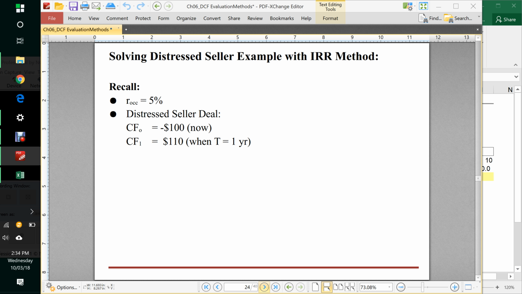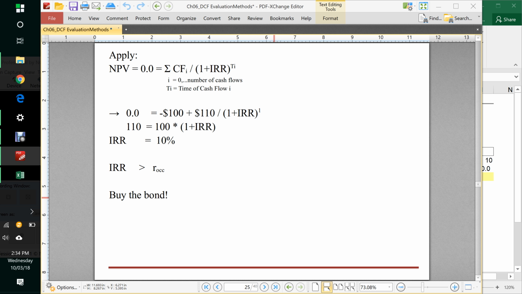All right. So let's solve the distressed seller example with the IRR method. We know our opportunity cost of capital, we know the cash flows, and I'm going to now use the NPV equation, but set it equal to 0, plug in my IRR and solve for that. Through the magic of algebra, it looks like I haven't written down a step for us here, so I'll just write it down now.